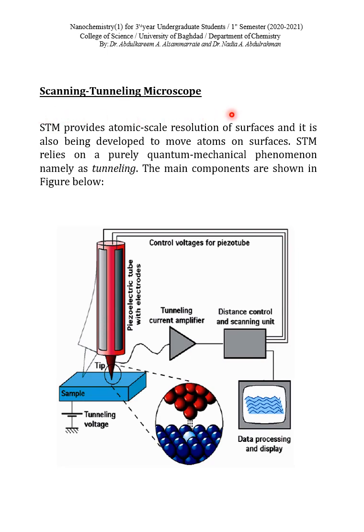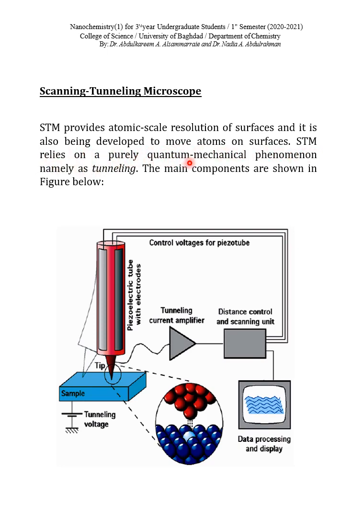Now we come to the scanning tunneling microscope, or STM for short. This is in general the schematic showing the components and the working mechanism. STM, scanning tunneling microscope, provides atomic scale resolution of surfaces and is also being developed to move atoms on the surfaces.